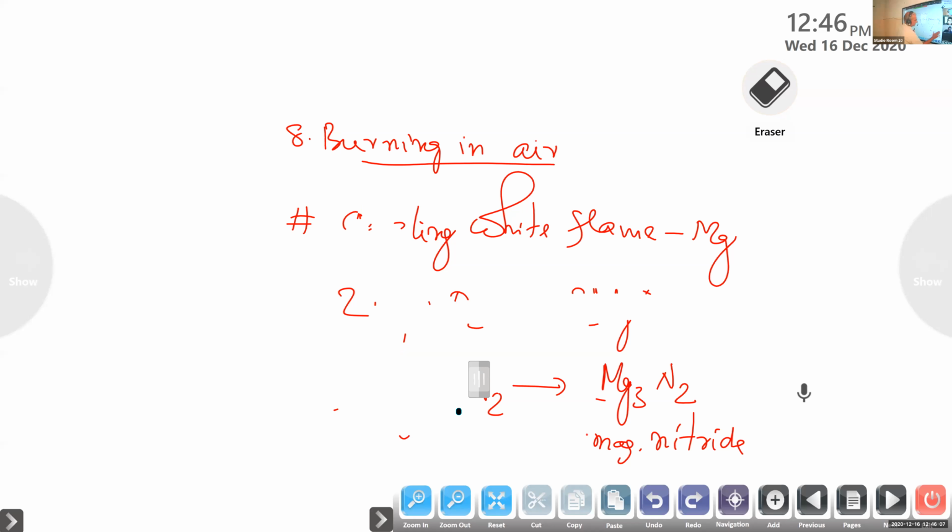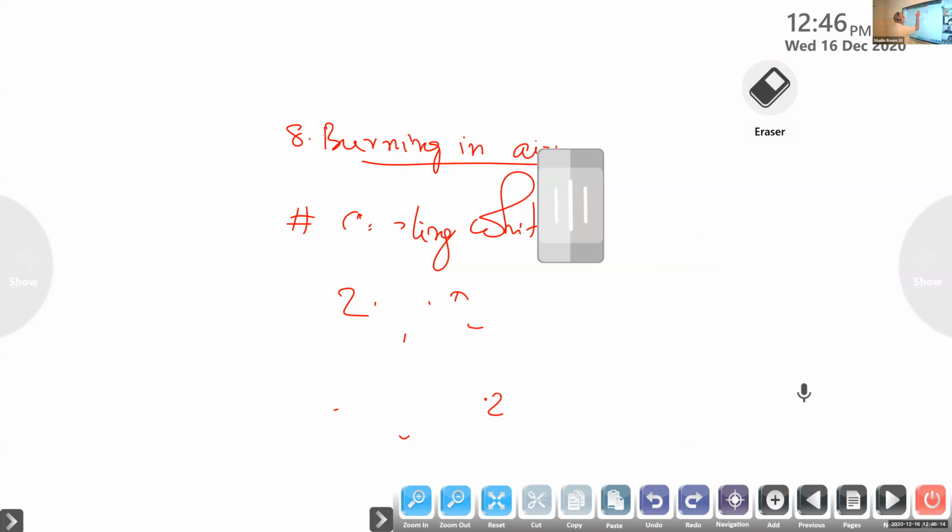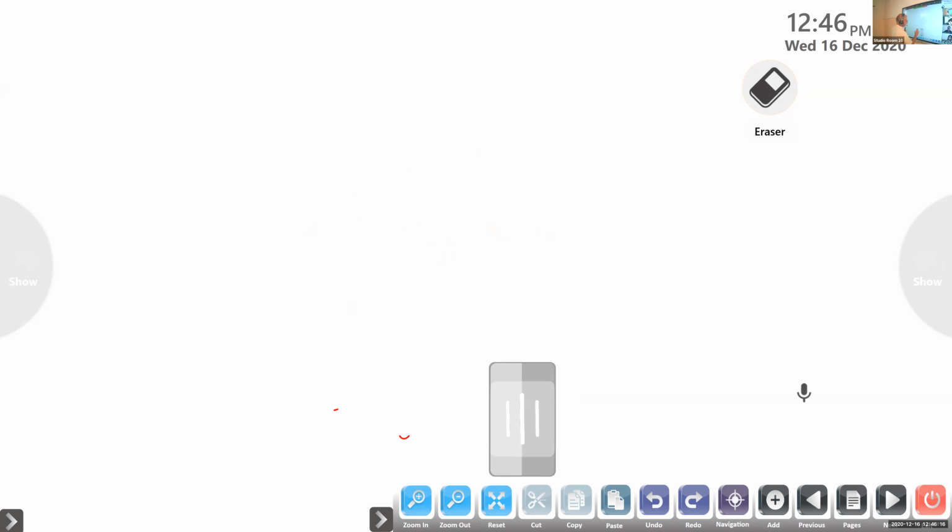Alkali metals dissolve in liquid ammonia, giving a deep blue solution. Here we get a dark blue or blue-black solution.